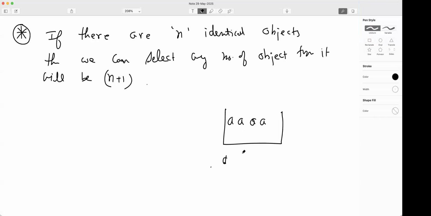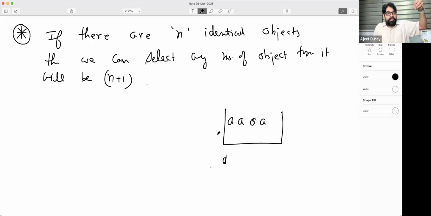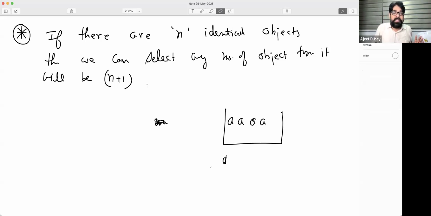You put your hand in and take out two letters, you get A and A. Again you get the same thing, because they are not different. Whether you select one, two, three or four letters, only one way will be there. All of you agree with me.